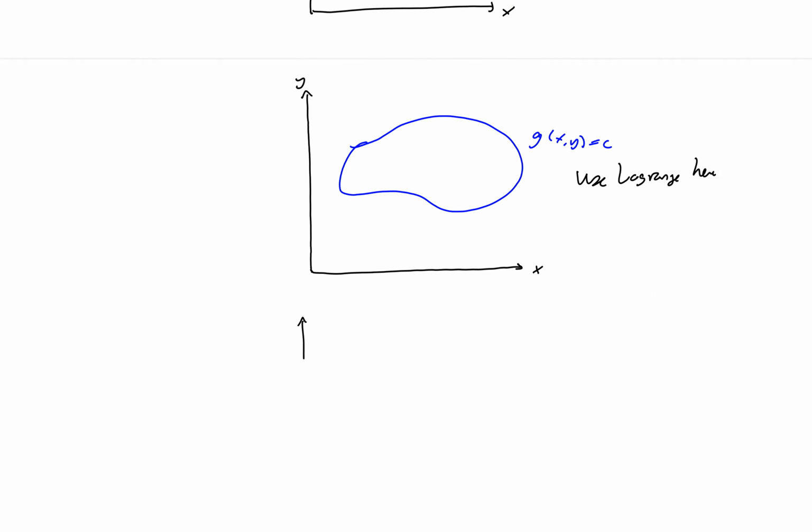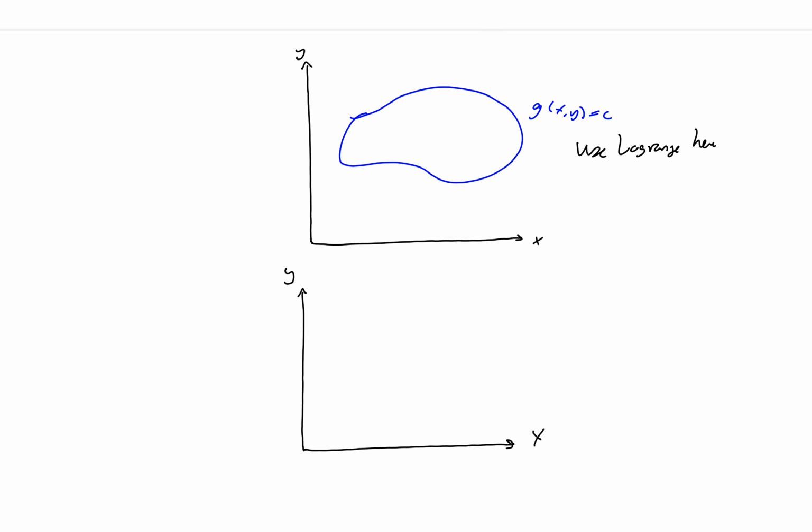And then I look on the inside of it. Let's use dotted blue to indicate we don't include this edge. Then we just look at the inside of this, where we'll use second derivative tests. This is g(x,y) less than c.